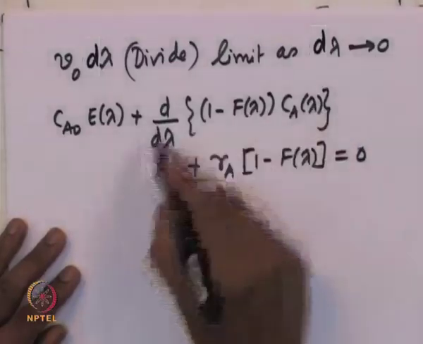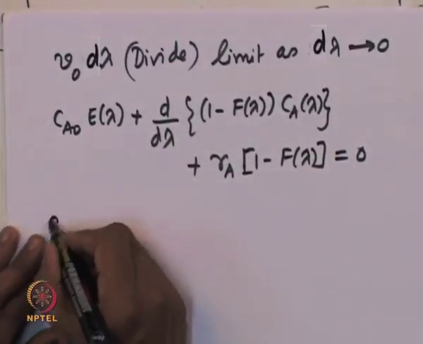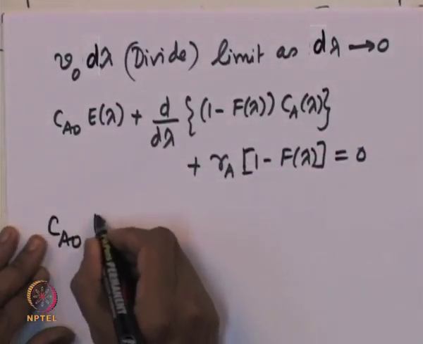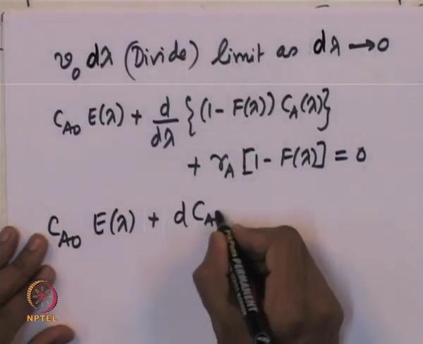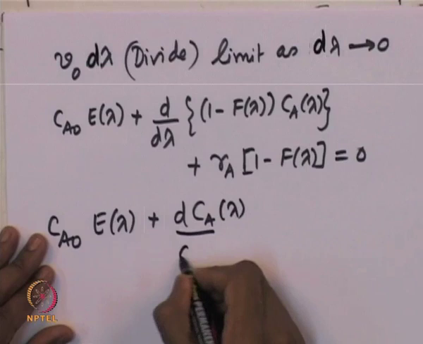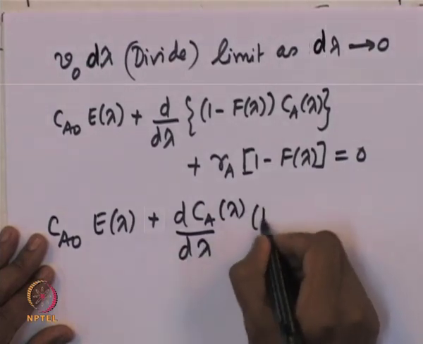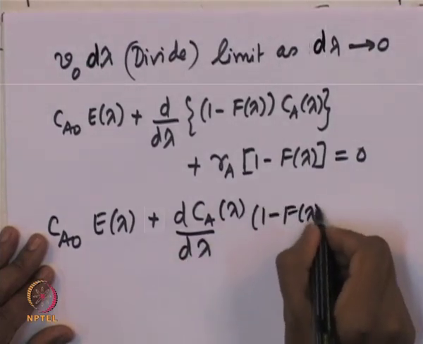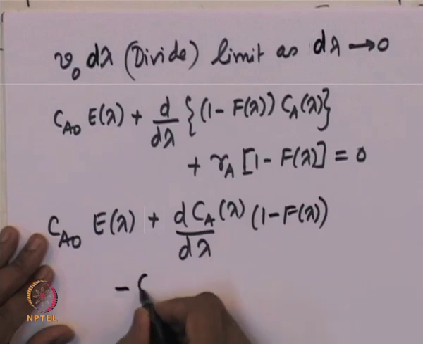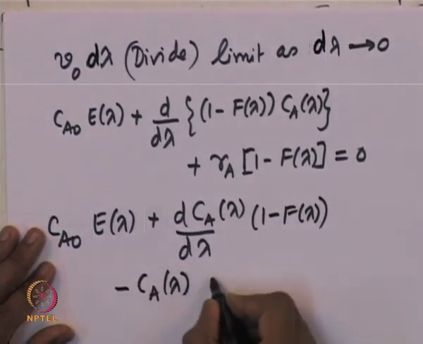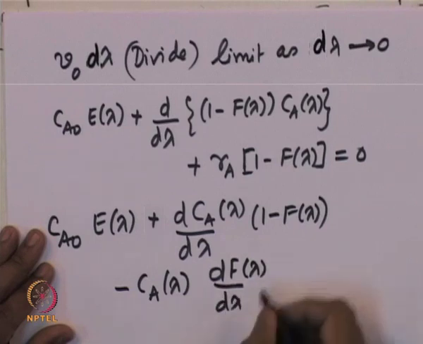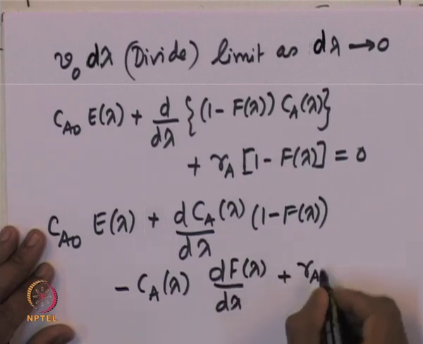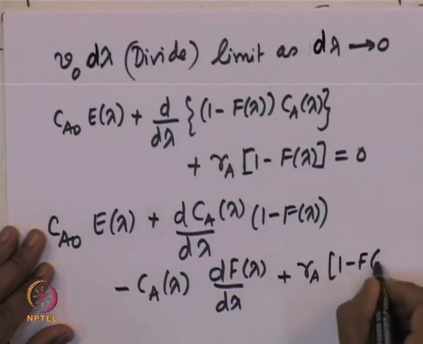Now we can open up this differential and rewrite this expression as Ca naught into E of lambda, plus dCA lambda by d lambda into 1 minus f lambda, minus Ca lambda into df lambda by d lambda, plus Ra into 1 minus f lambda, equal to 0.